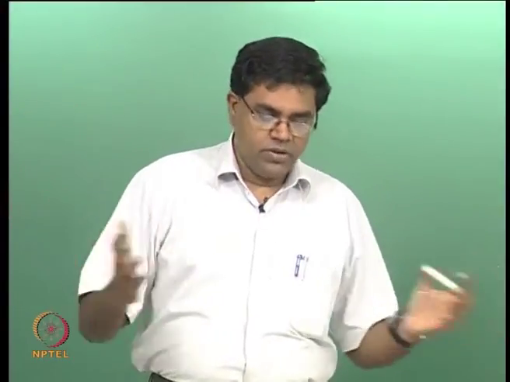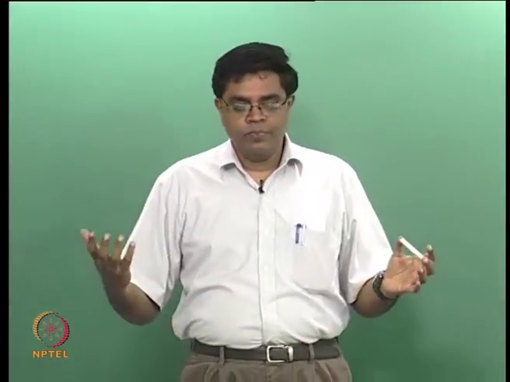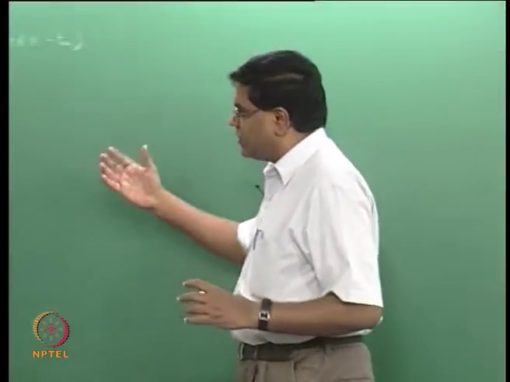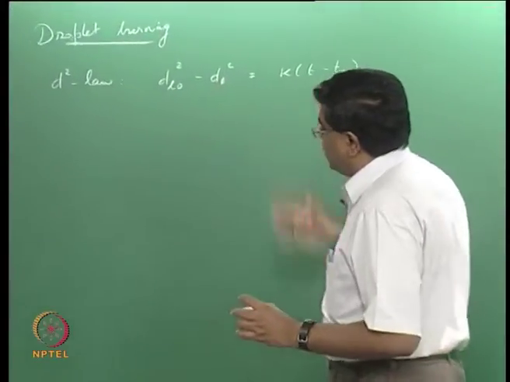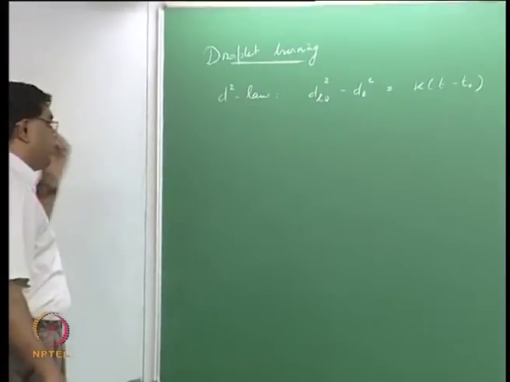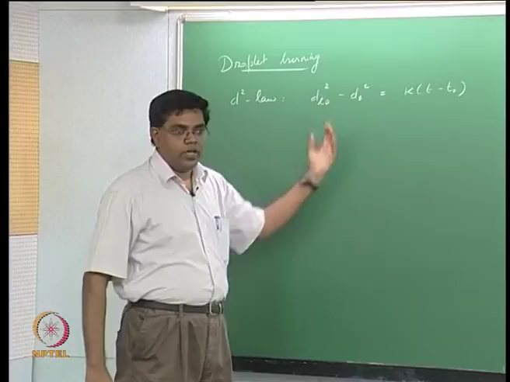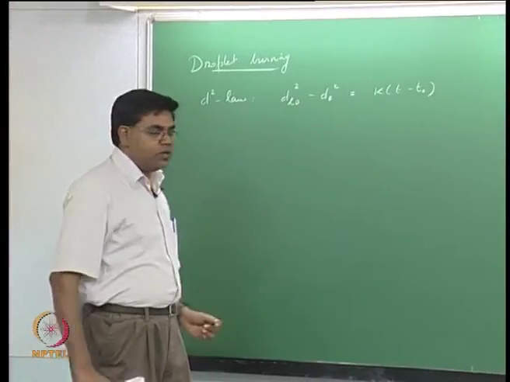You now want to spread the surface area for the same volume, and thereby increase the evaporation and therefore the combustion rate and so on. So the goal of the theory here is to see if we can look at the governing equations and deduce the D-squared Law by applying the governing equations to this particular geometry and this problem.